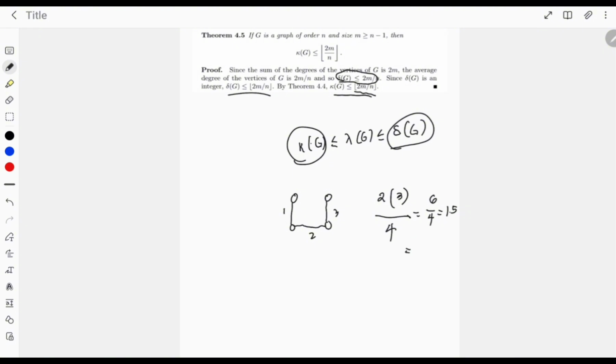Since it's the floor, it's just 1, so we just need one vertex to disconnect the graph. So here kappa of G is equal to 1, which is equal to the floor of 2m over n.